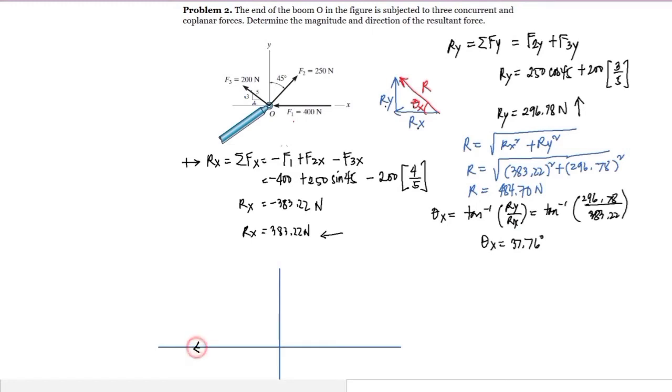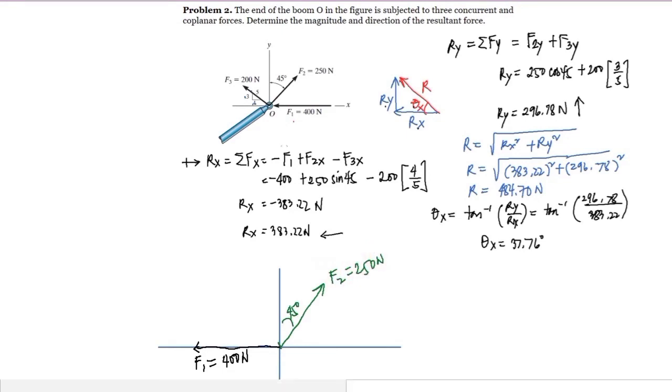So, translate na lang natin siya dito, standard angle. And our F1 here is equal to 400 Newton. Force 2 is in quadrant 1, that's 45 degrees, and this has the magnitude of 250 Newton.